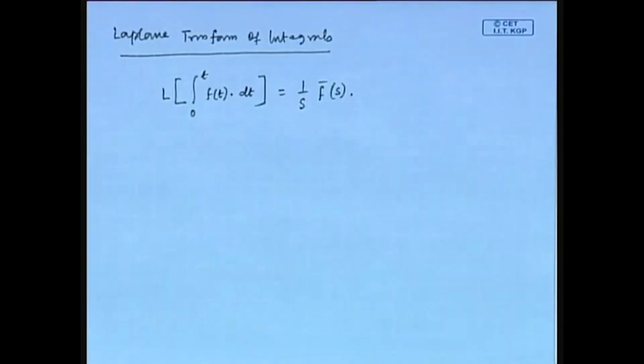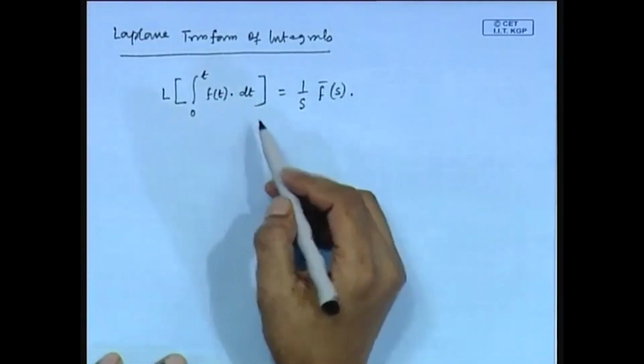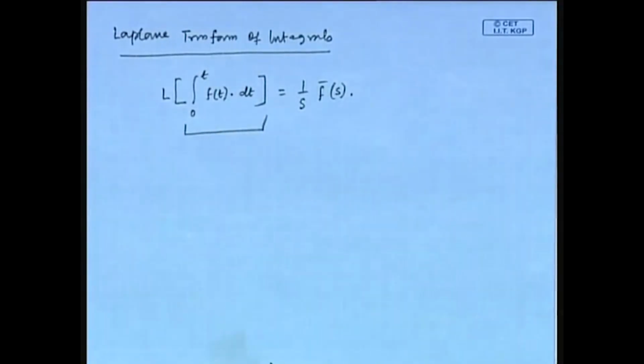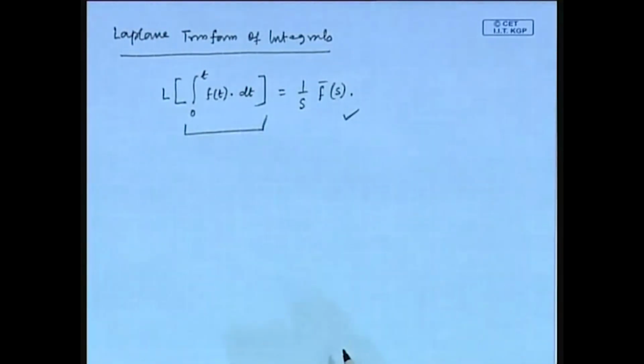If we consider f(t) as a function in the time domain, then the integration of that function is this one, and the Laplace transform of that function is this, 1 by s f bar(s).